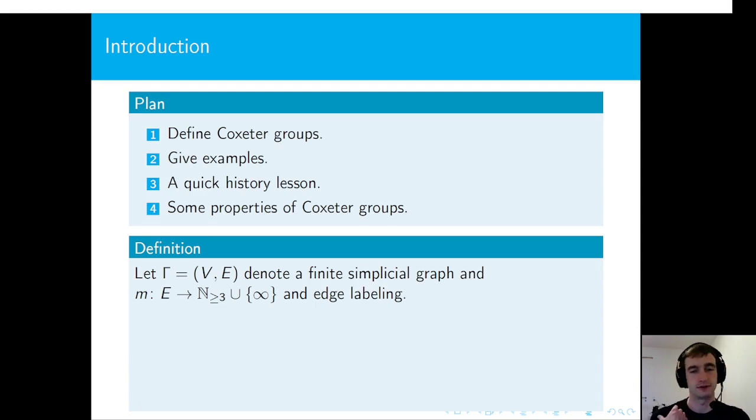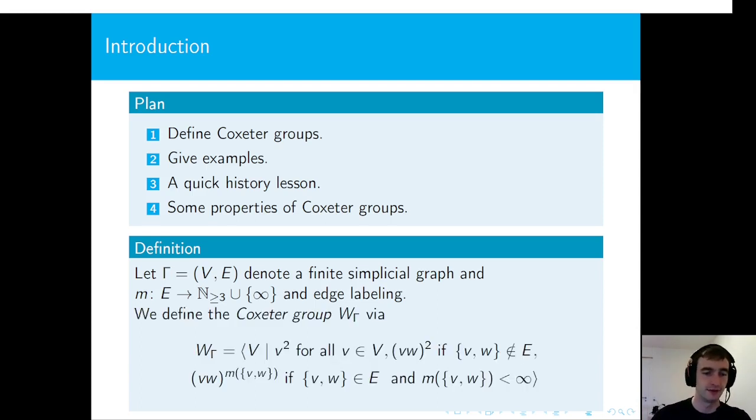Okay, and then we define the Coxeter group as a group with the following presentation. This will look scary at first, but it really isn't. So we will define the Coxeter group, which we will denote by W gamma, via the following presentation. The generators are all the vertices. And the first relation we impose is that every generator has order 2.